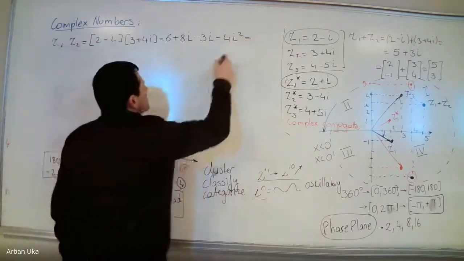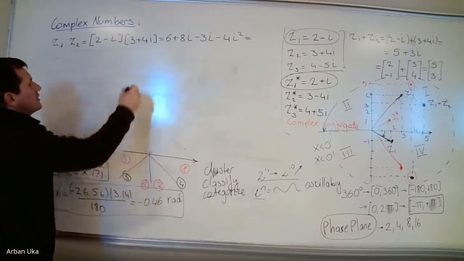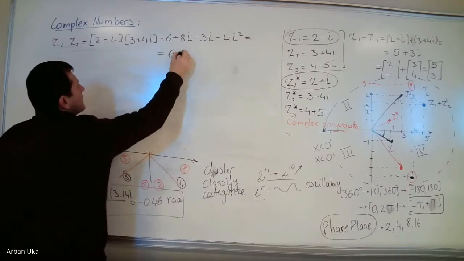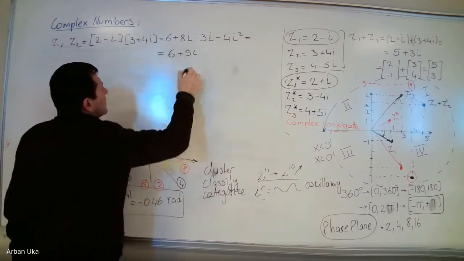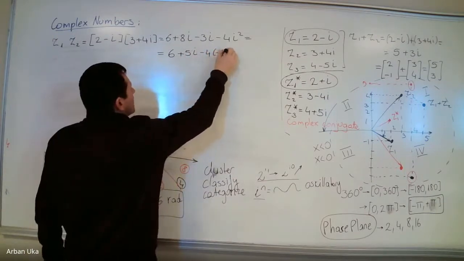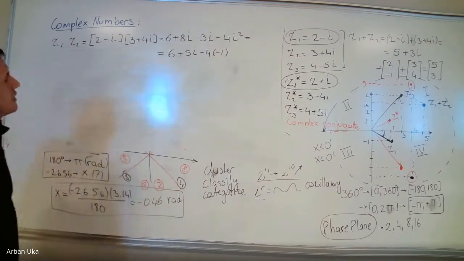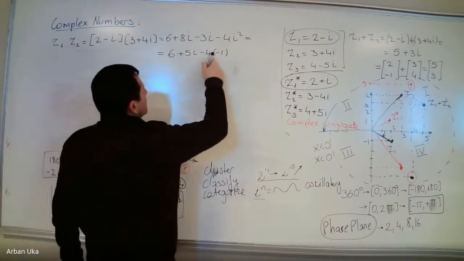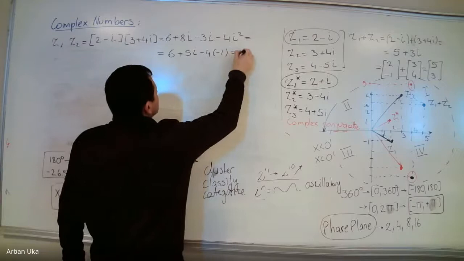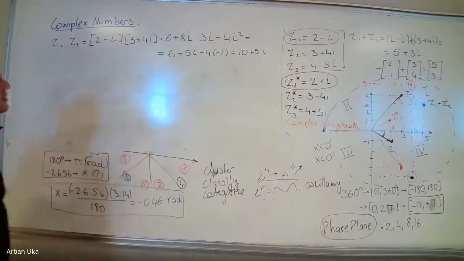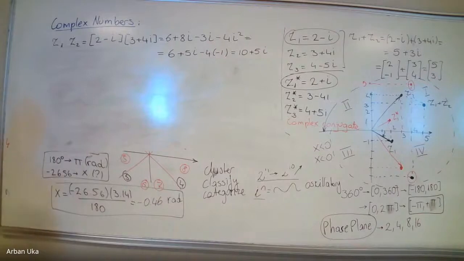Then this is the real part: 6 plus 5i minus 4 times -1, because i squared is -1, so here we obtain plus 4. This is equal to 10 plus 5i. Okay, so this is what we get for the multiplication.